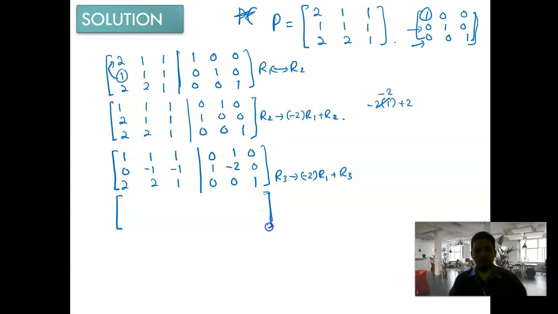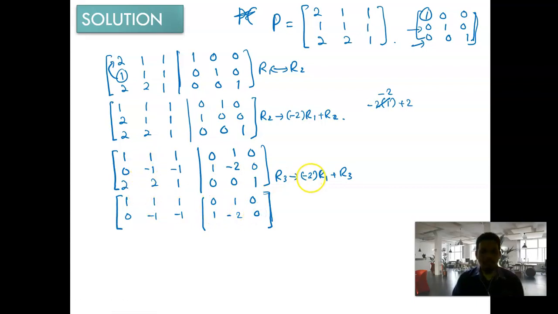Now we are talking about the instruction in row number 3, so the elements in row 1 and row 2 are unchanged: 1 1 1, 0 1 0, 0 negative 1 negative 1, 1 negative 2 0.